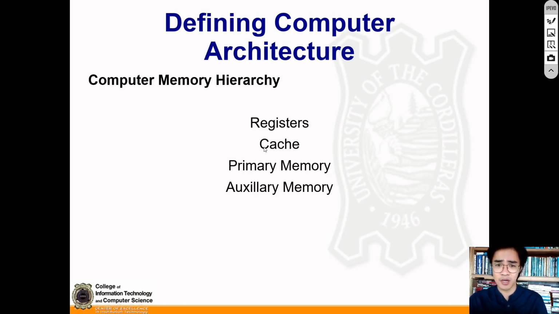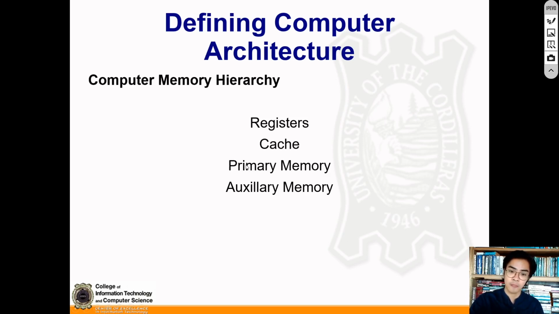Cache can be outside the CPU, can be inside the CPU, or can be existing in many of your applications, and usually interfacing hardware and software. They are a little bit bigger than your registers, and then you go on to your primary memory, which is usually your RAM. But it's not only RAM. There are many other memory addressing modes, but your primary memory usually pertains to the RAM.